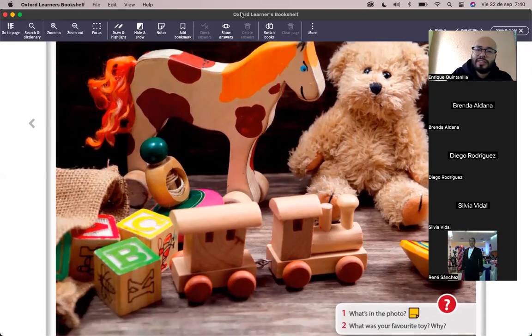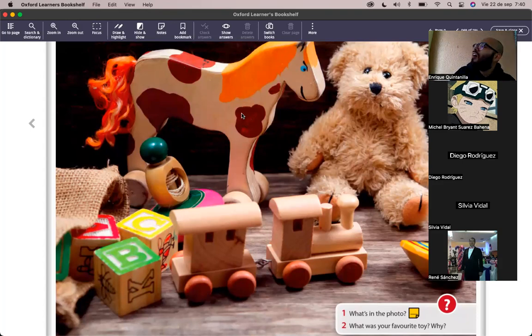A wood toy. Y si quiero decir caballo de madera, teacher. A wood horse toy. When I was a child, my favorite toy was a teddy bear. Yeah, thank you, Brenda. Anybody else?